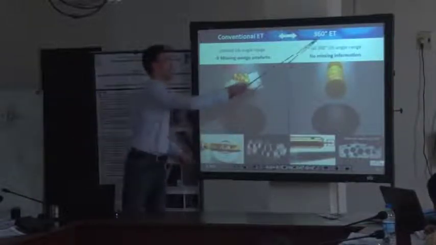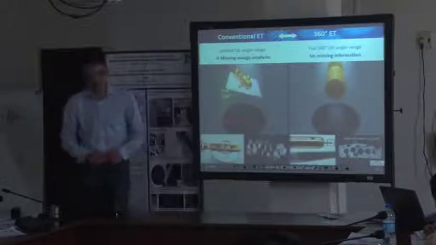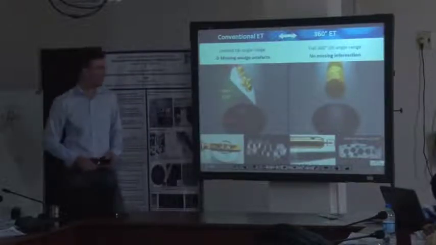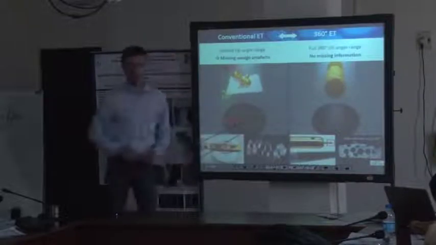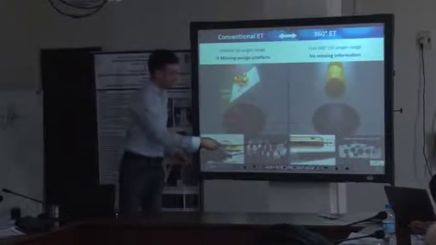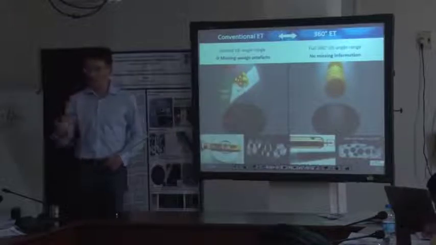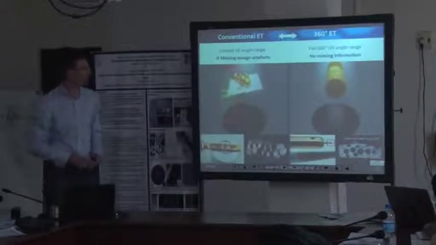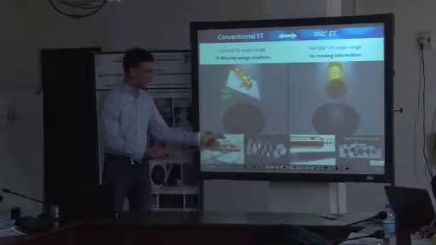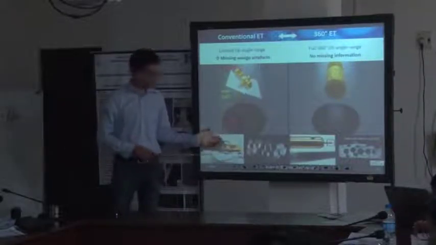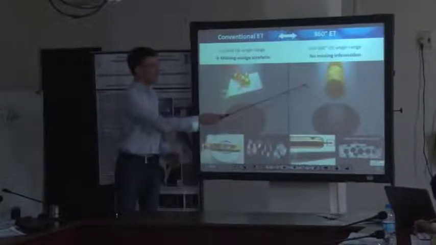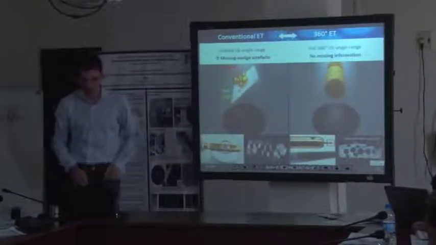This is why it's called 360 degree electron tomography. You can imagine, by recording a tilt series using this holder, we can cover the whole tilt angle range. There are reconstruction techniques to minimize artifacts. Here we directly cover the whole tilt angle range.